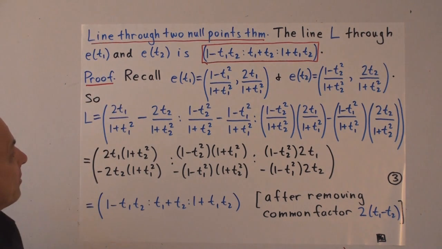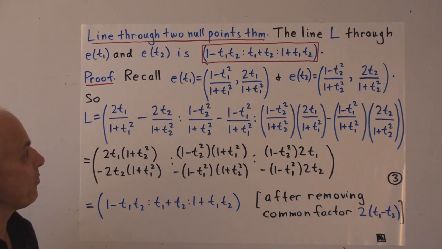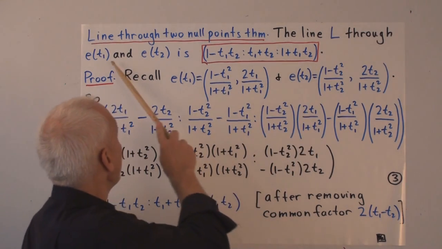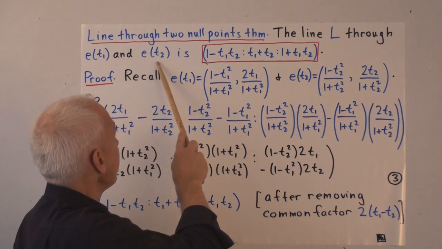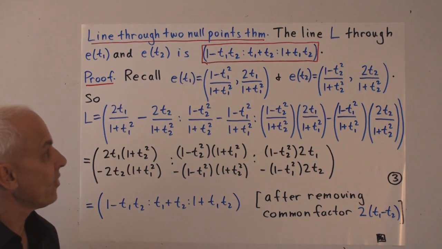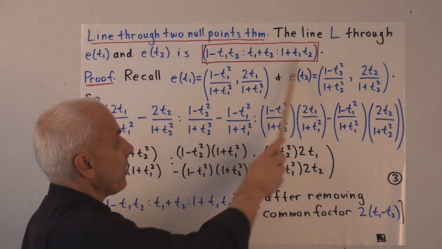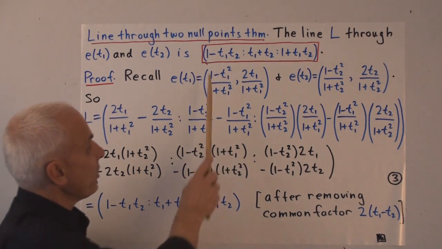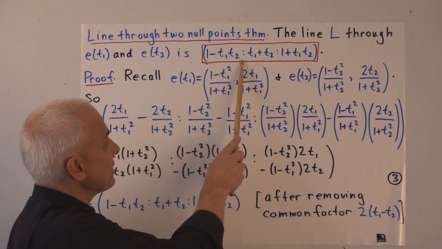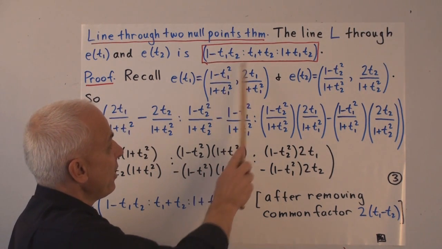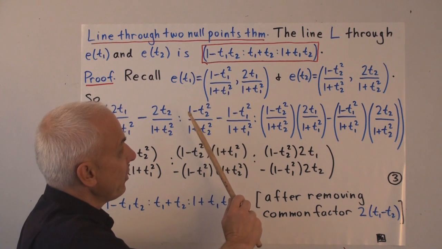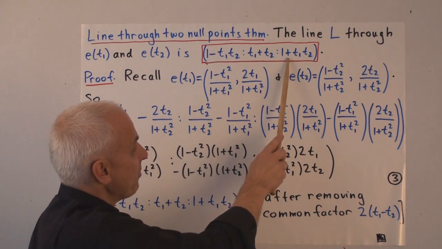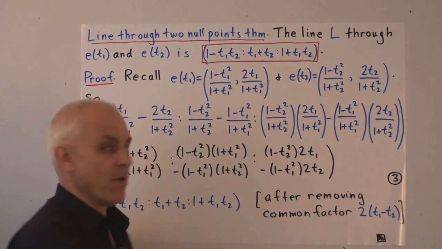And here's the theorem that we need. The line through 2 null points theorem, telling us that the line L through e of t1 and e of t2 is this line right here. It's got 3 components. The first one is 1 minus the product t1 t2. The middle one is t1 plus t2. And the third one is 1 plus the product t1 times t2.